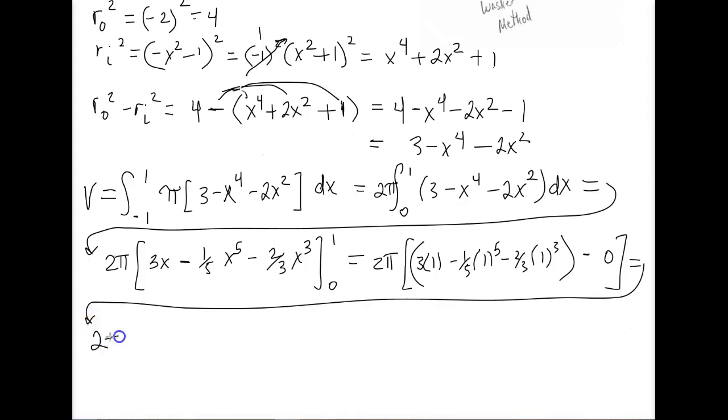And so now we have 2 pi, 3 minus 1/5 minus 2/3. And of course, 3 is the same as 15 over 5. So that gives us 15 minus 1, which is 14 over 5, minus 2/3.